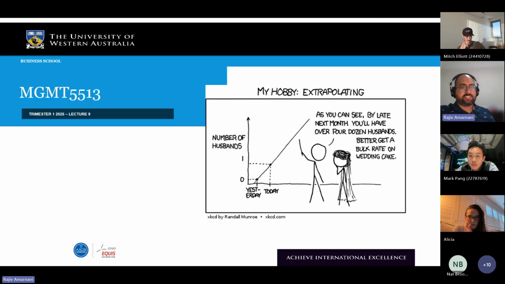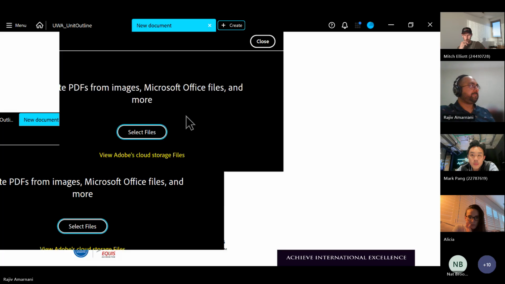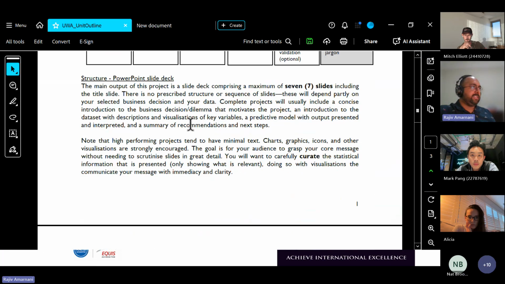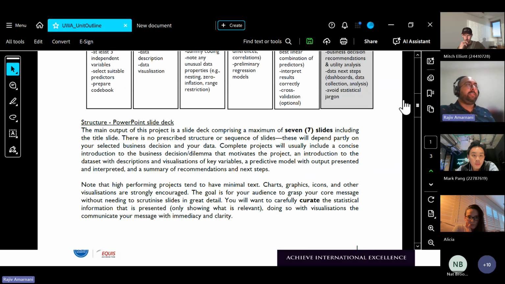And for the project itself, it is effectively just a slide deck. The key thing, it's a maximum of 7 slides, including the title slide. Maybe the most important thing is minimize reliance on text. So the less text on your slides, the better. You want graphics, iconography.